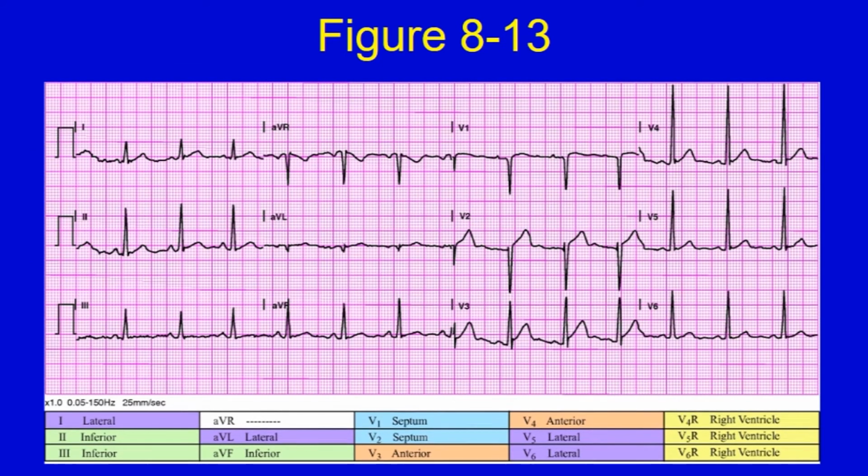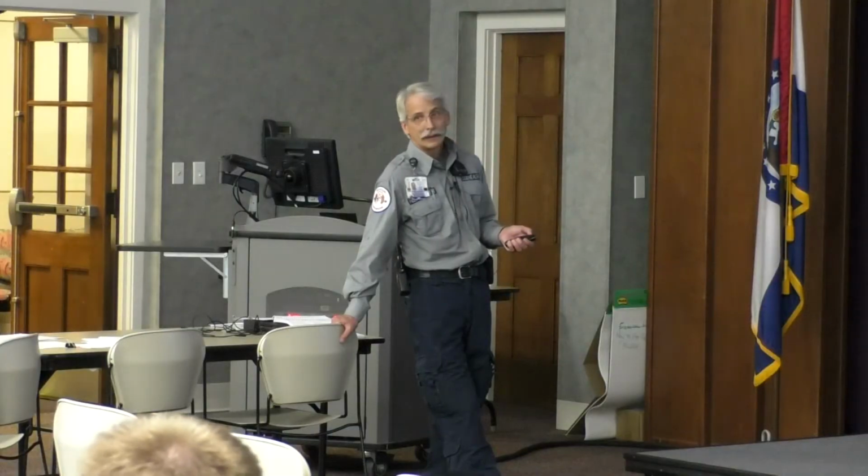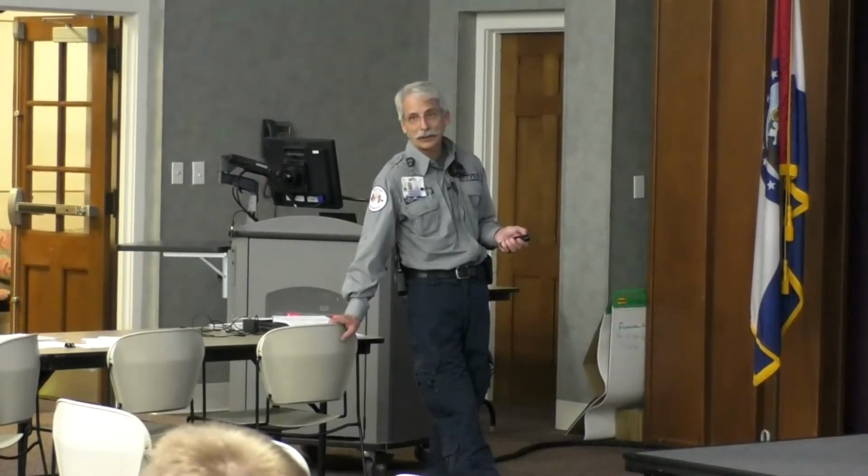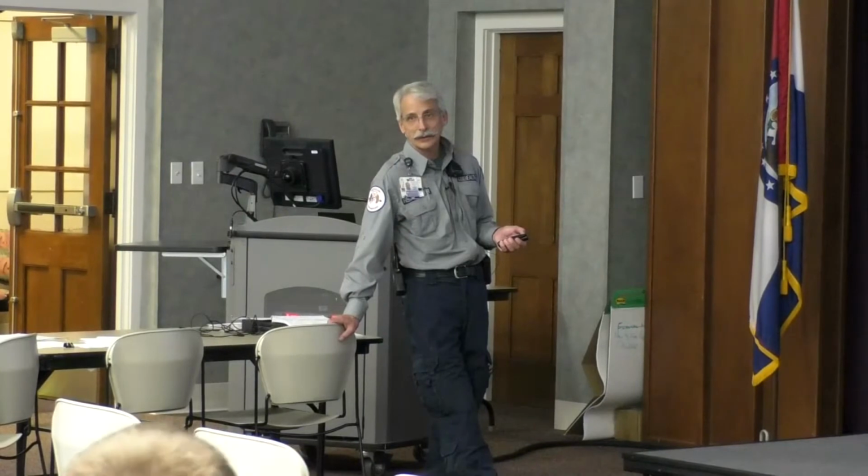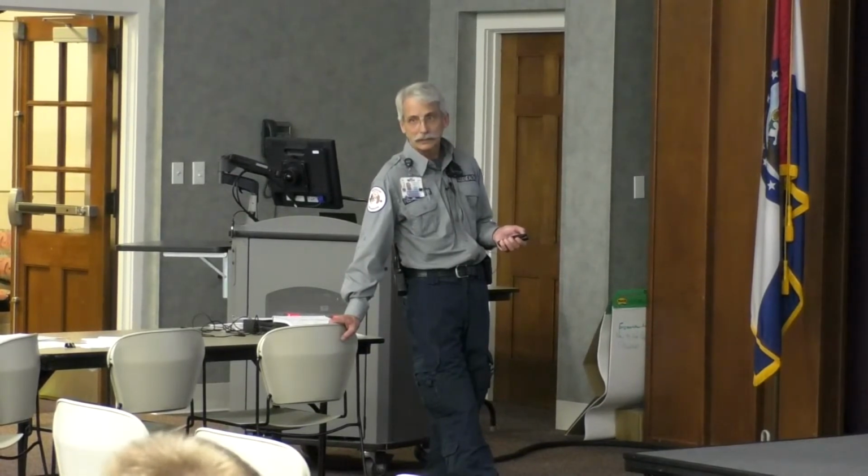Any elevations? V1 has, if it's got a square, it's pushing it. This V2 and V3, though, I think have the elevation in them. I doubt that V4 does. But we'll agree on these two right here. Even though one is septal and one is anterior, they're still contiguous, so it still counts.